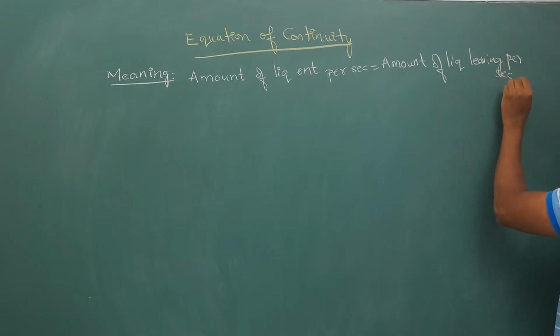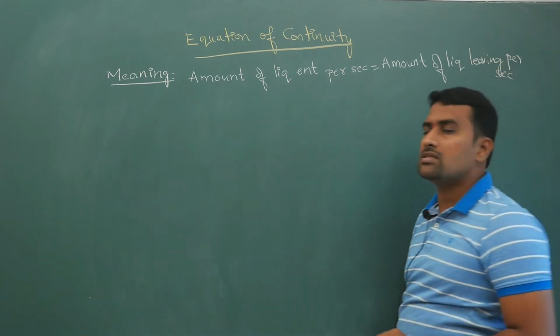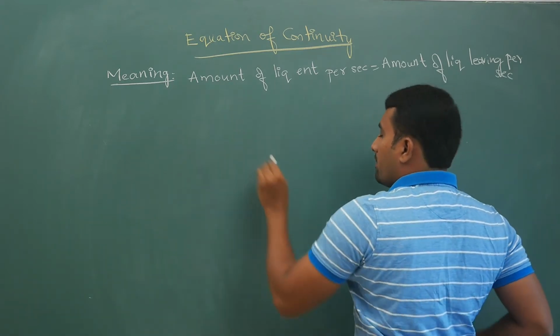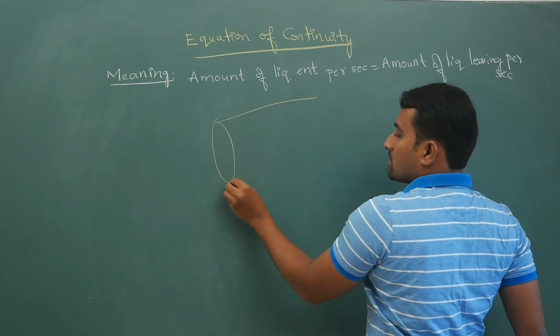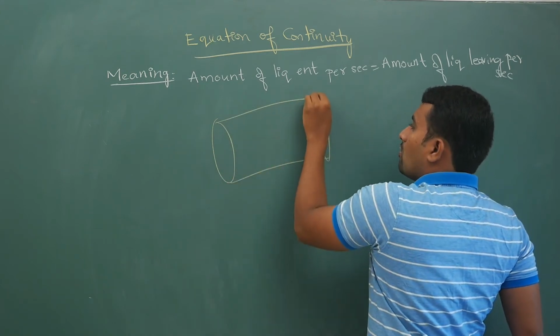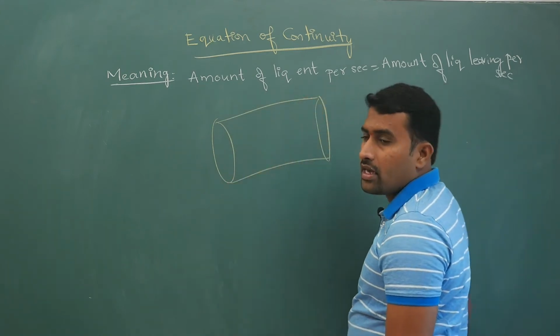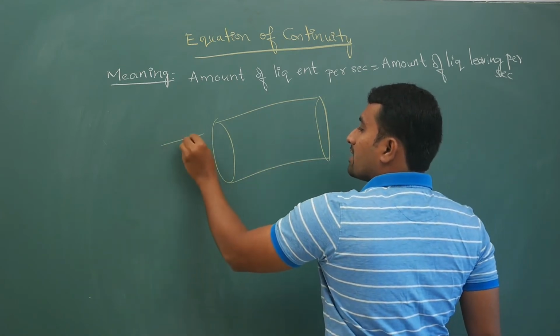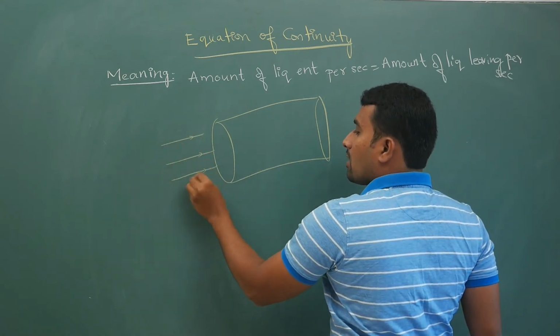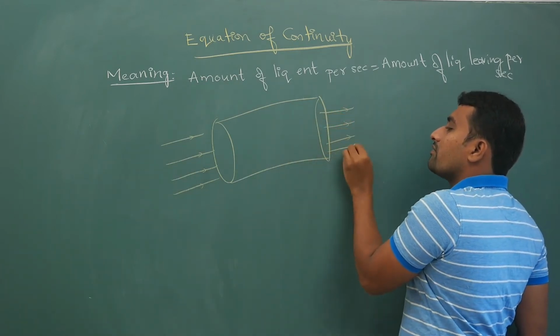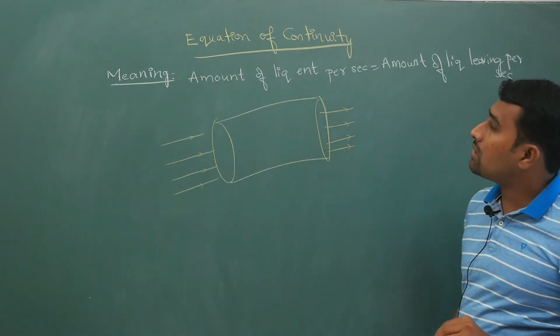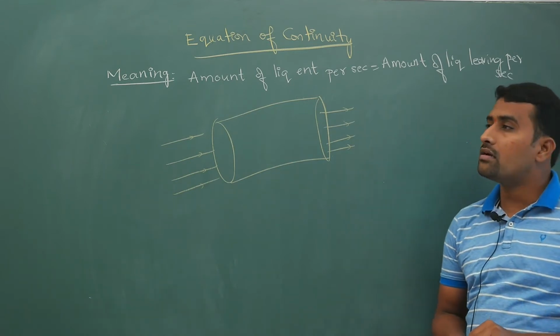Logically this is the meaning. If you take some kind of pipe like this, how much liquid enters into this pipe in 1 second, that much amount of liquid must leave. That is what the equation of continuity explains.